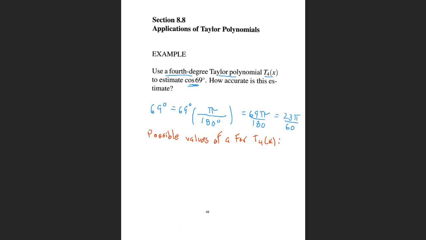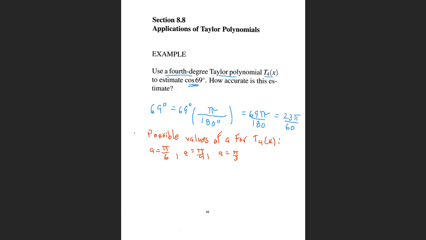So we're going to pick nice values. Here's some values: A equals pi over 6, A equals pi over 4, A equals pi over 3.